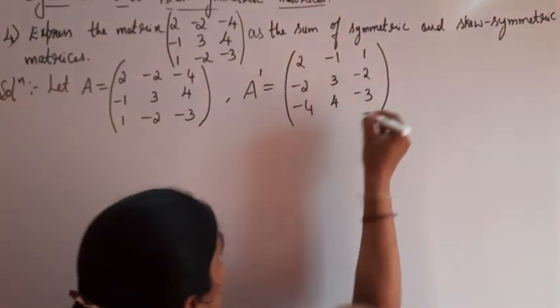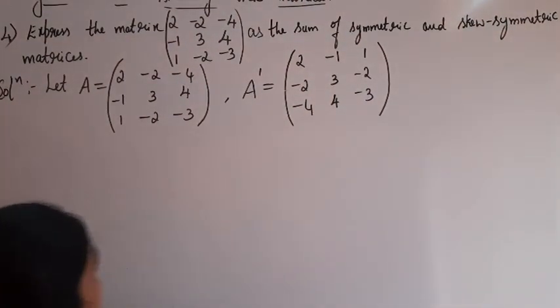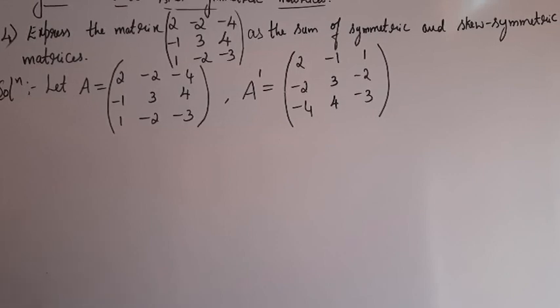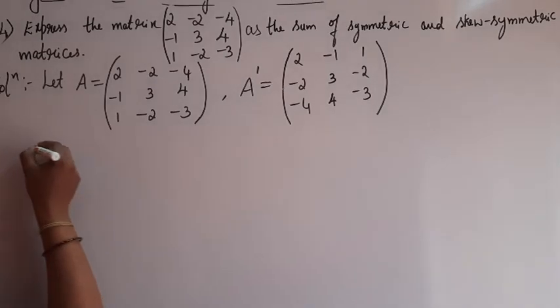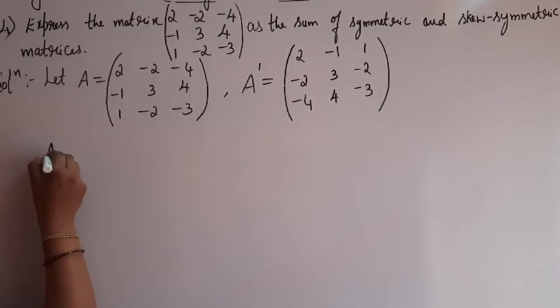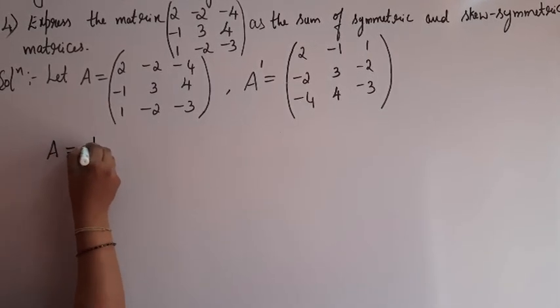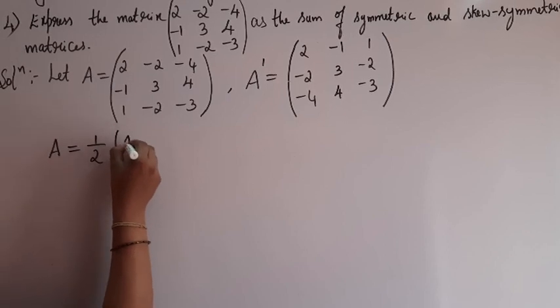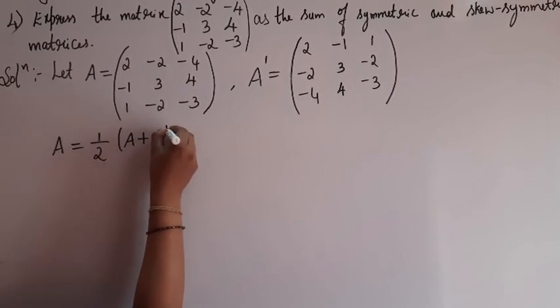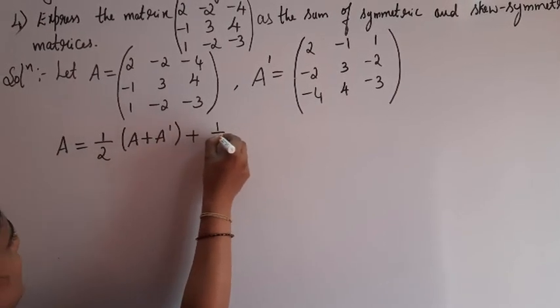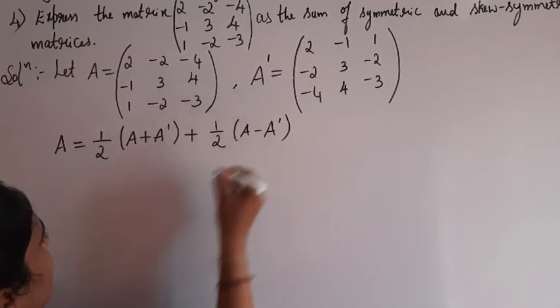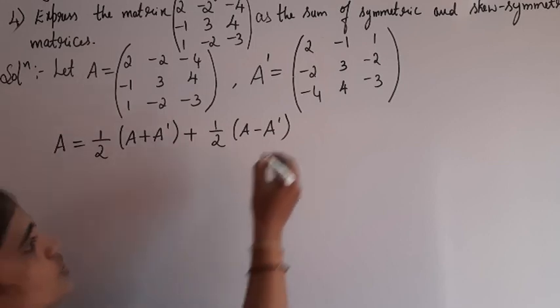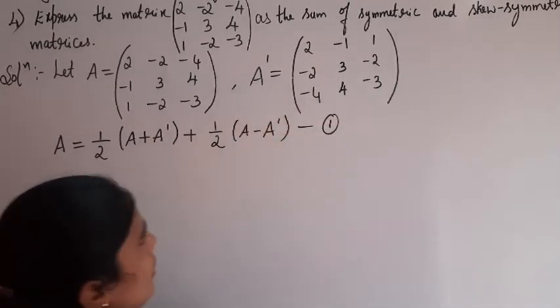So this is the transpose of the matrix. So here we have to express the given matrix as a sum of symmetric and skew symmetric. Let us consider the expression. We know that the expression is A equals half into A plus A transpose plus half into A minus A transpose. Okay. So this is the required expression. So call this equation 1.